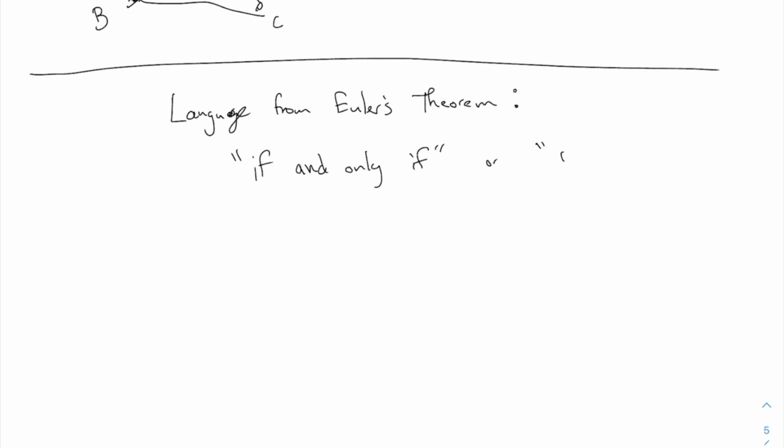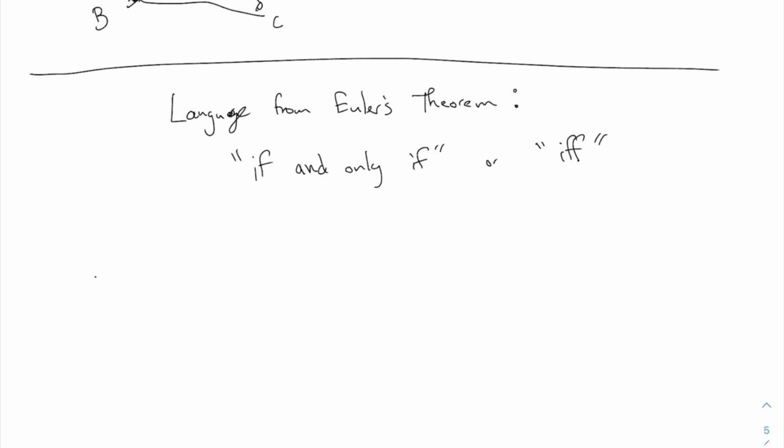Sometimes this is written like that. Iff, with two F's, means if and only if. I'm not sure who came up with the idea to write it as if with two F's, but if and only if is an important mathematical way of talking about things. So let me just tell you what that phrase means.